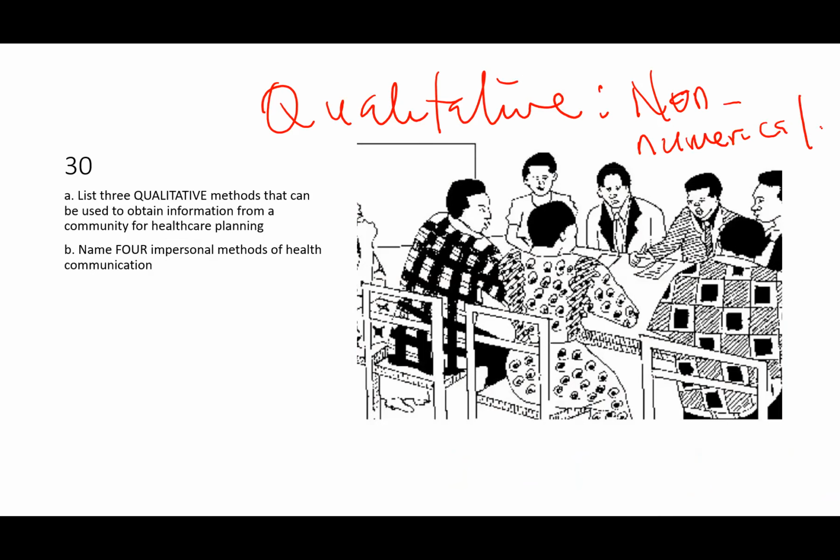Quantitative is numerical. When you are obtaining information from a community using a qualitative method, you can use a questionnaire. One, questionnaires. Two, you can use observations.